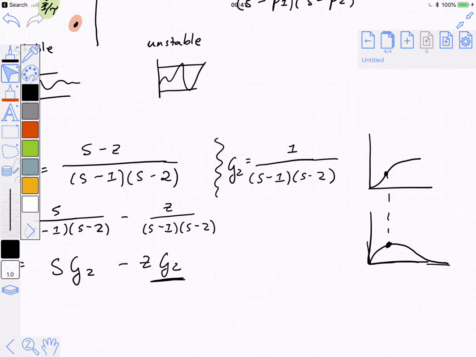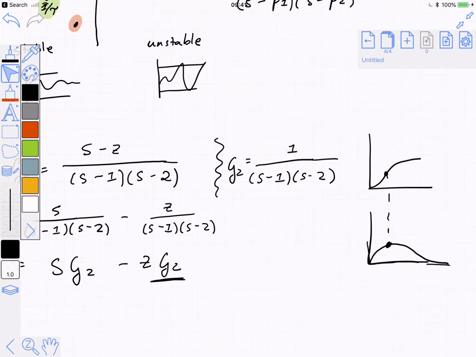Now, this works all the way through. If I have higher order numerators, I simply multiply them out, and then I'll find there will be a reference to the second derivative and the first derivative and the constant, or the third derivative, and so on. As the order in the numerator increases, I will see behavior that I would associate with the derivatives of each of these systems.